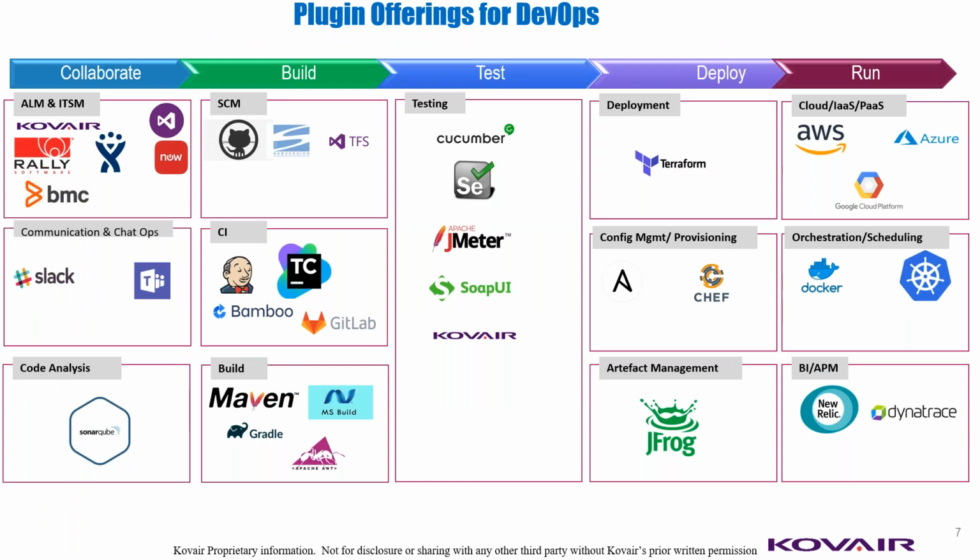So here is a showcase chart where we are showing what plugins are now being offered, and some of them are under development, some are in the pipeline. There are actually 5 sections. Initially it's for collaboration, because that is the first step in the DevOps tool chain, to collect data across tools.